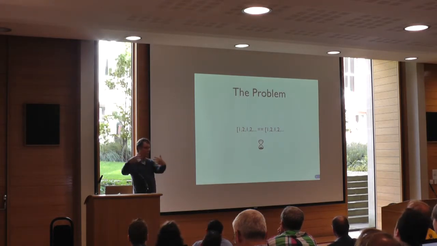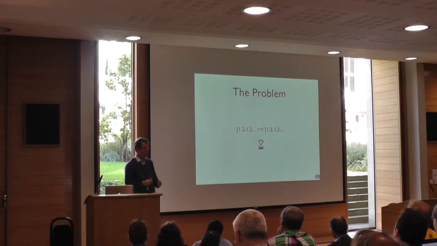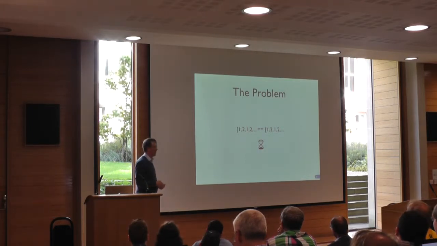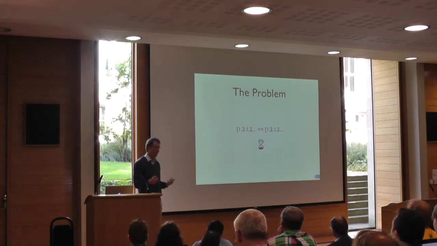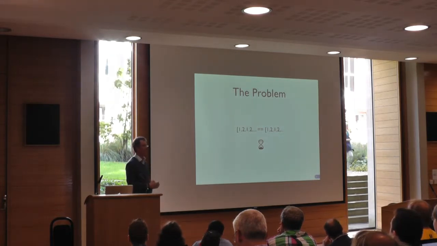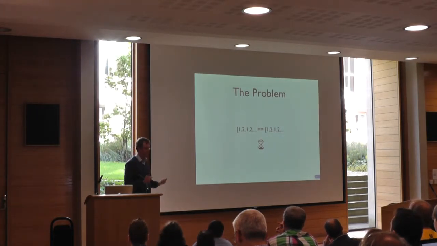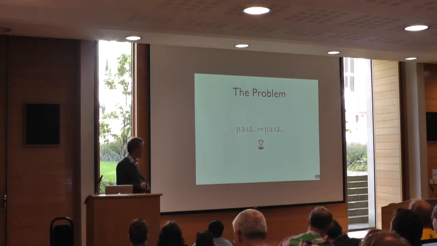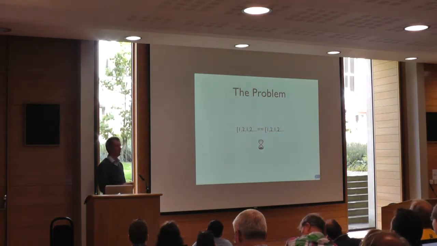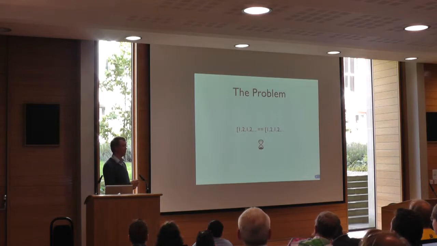It's basically going down the infinite stream forever. And okay, so that's a problem. There's only a finite amount of information present, so we should really be able to determine the equality in a finite amount of time. But of course, this representation is not going to do it for us, because Haskell cannot see that there's only this finite amount of information present.